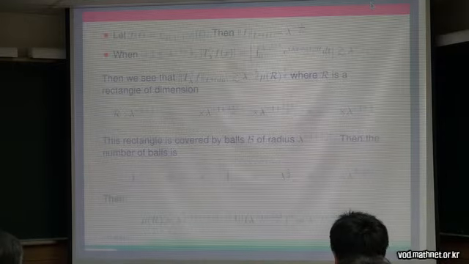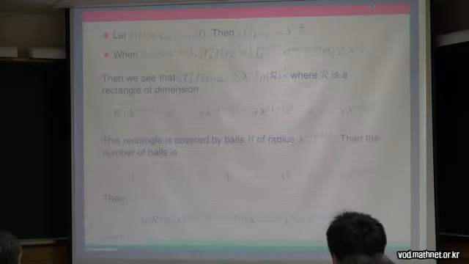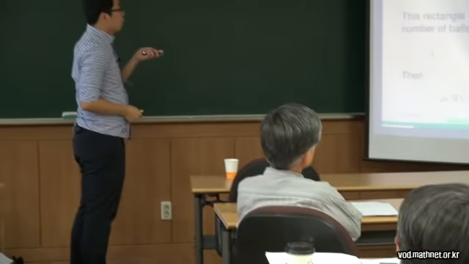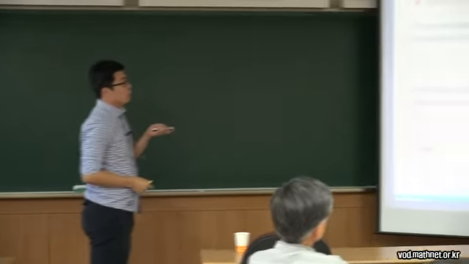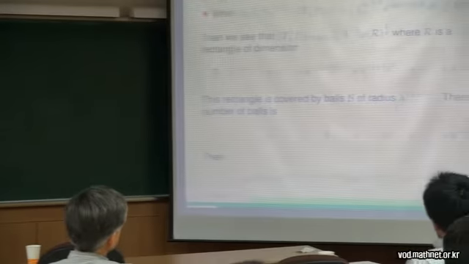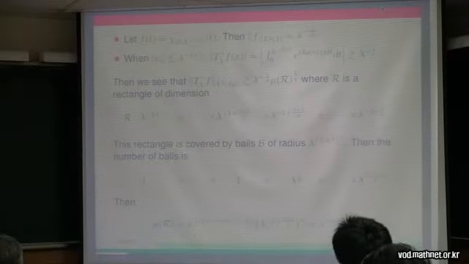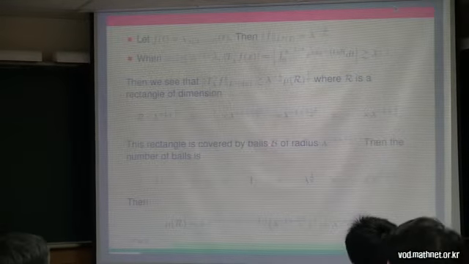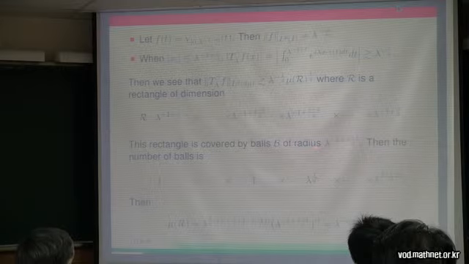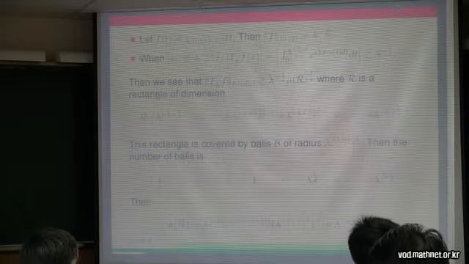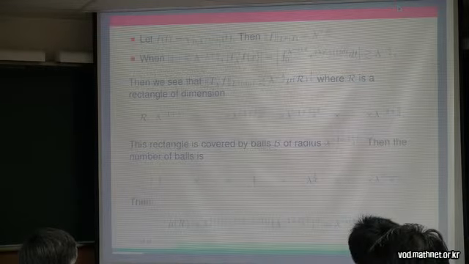This rectangle has one dimension very short, but another dimension very long. So we cover this rectangle by balls of radius lambda to the minus 1 plus j plus 1 over d.